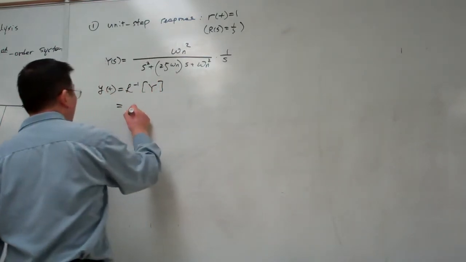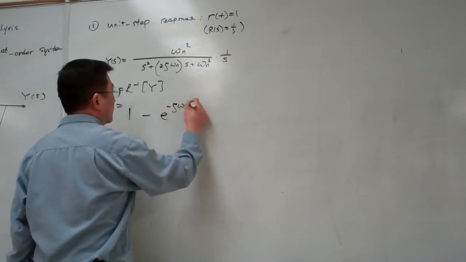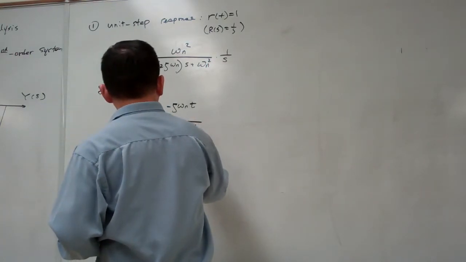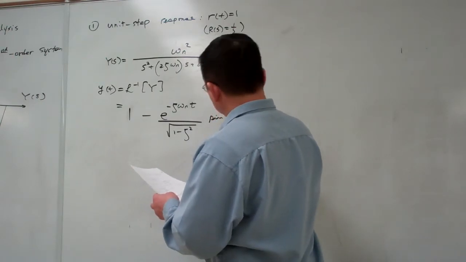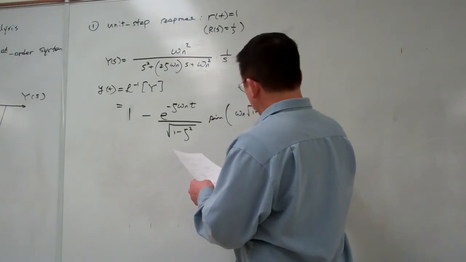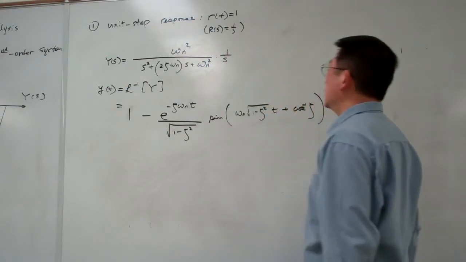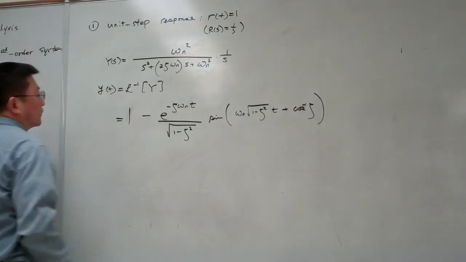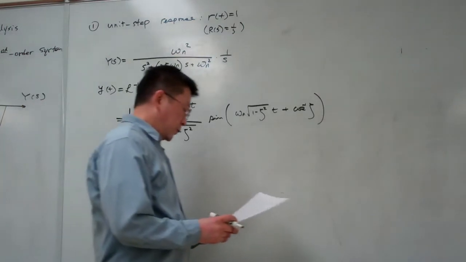So that will be equal to 1 minus an exponent, and very long equations. Okay, so that is this equation here. And for this equation, you can see we can try to draw the response.